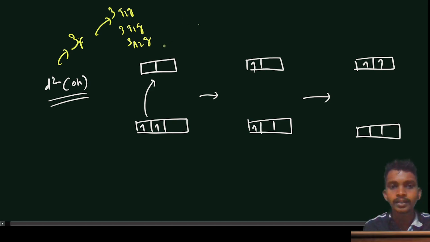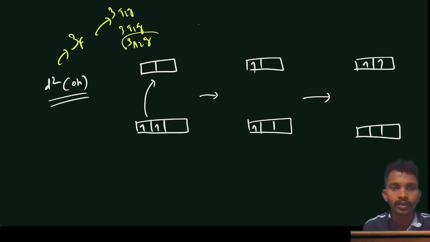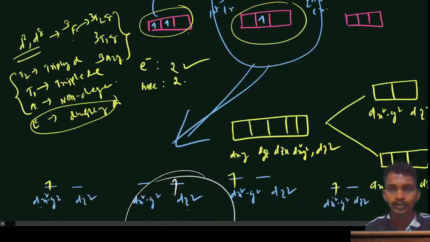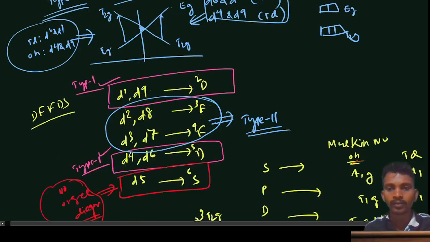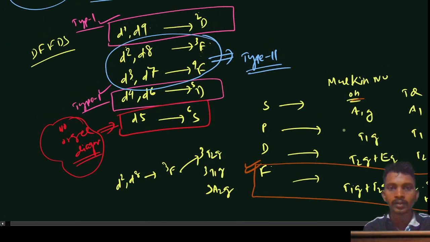From here I understand that since this value is non-degenerate, I will assign this to A2g. Okay, and now I will assign these others. So we see that for 3F, in the previous class we have seen that this is the ground state, and there is also an excited state.